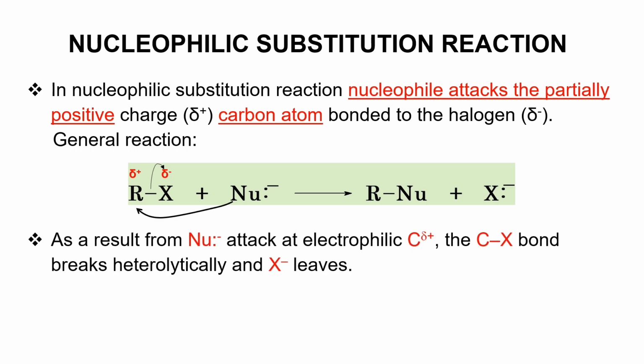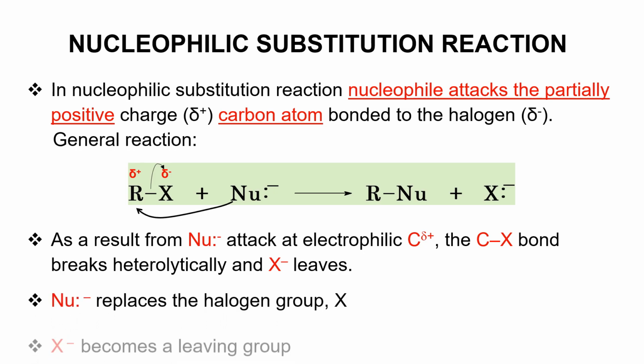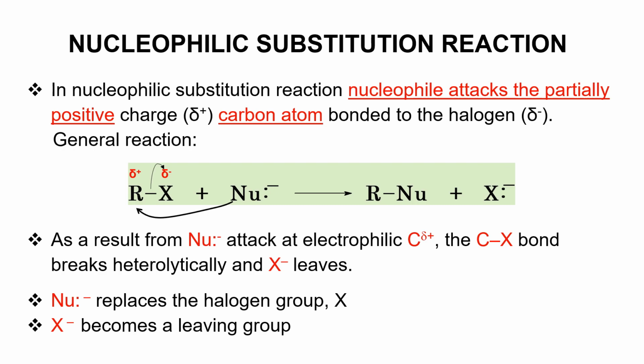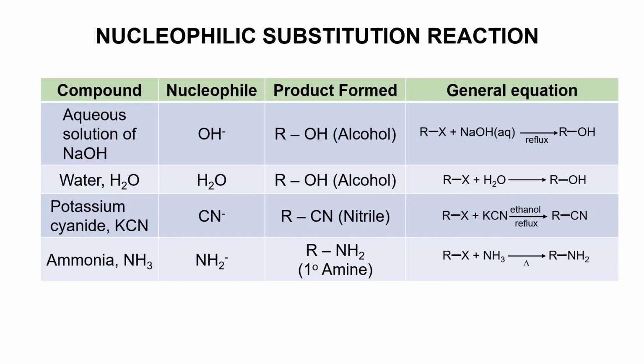As a result of nucleophilic attack at the electrophilic site, the C-X bond, which is a polar bond, undergoes heterolytic cleavage because of the difference in electronegativity. So the nucleophile replaces the halogen group while X- or halide ion becomes a leaving group. So this note is to simplify the reactions involved in haloalkane.